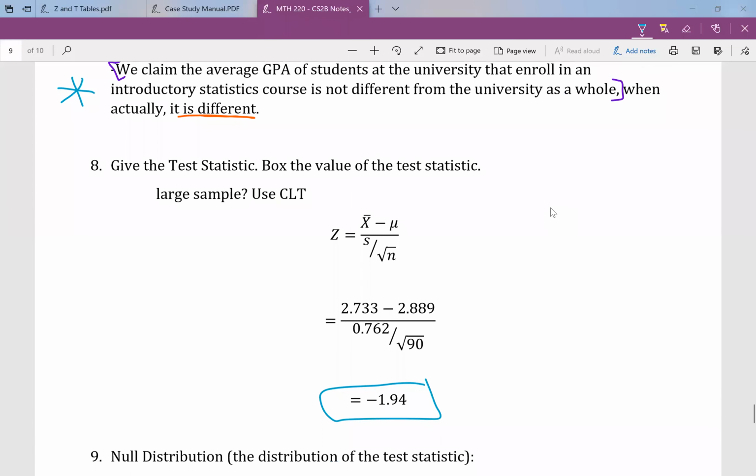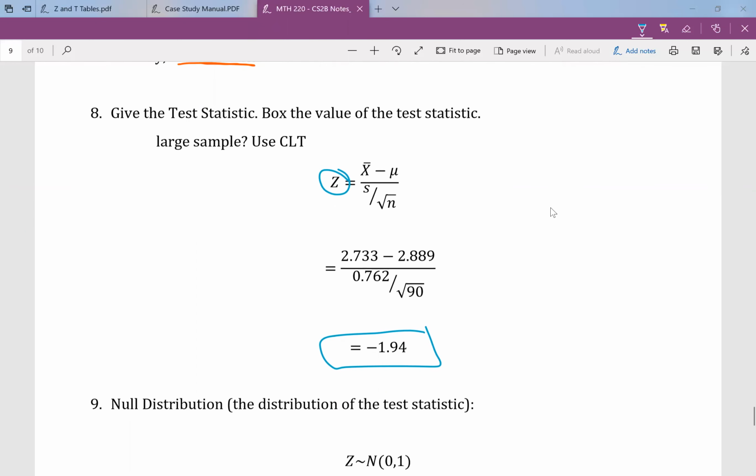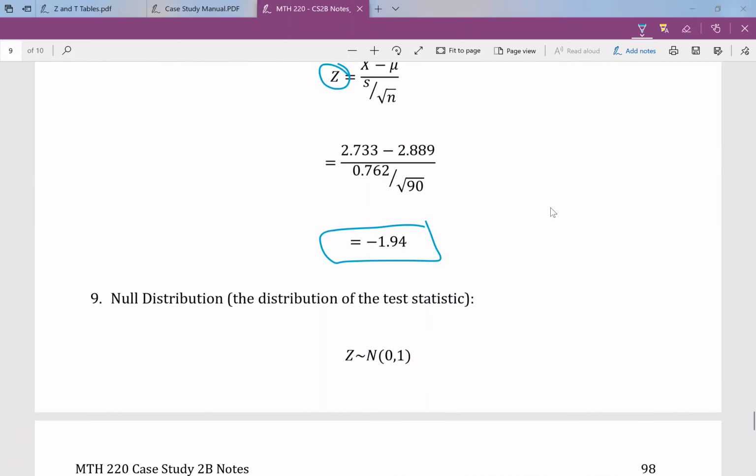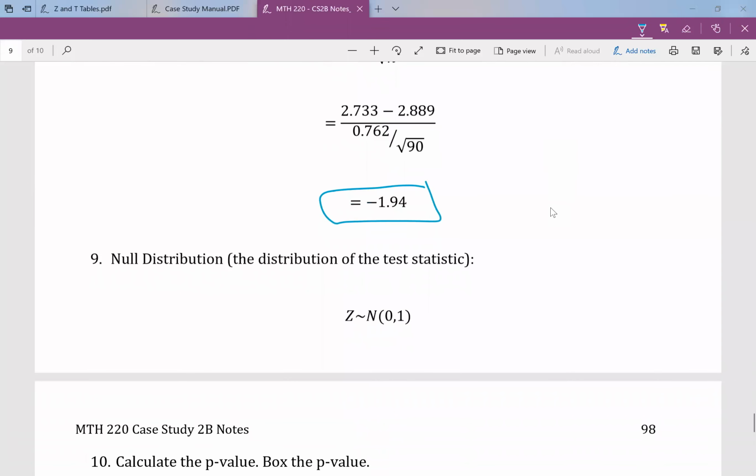The next step is the null distribution, the distribution of our test statistic. Our test statistic is Z, and Z always follows a standard normal distribution. Next is the p-value.